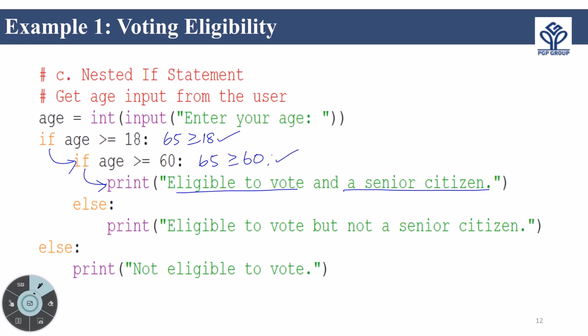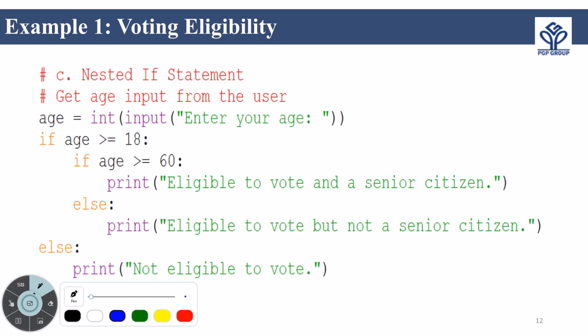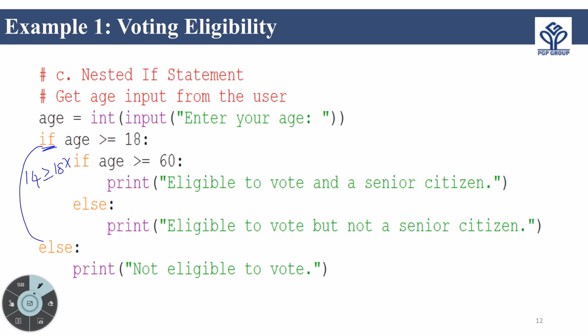Okay, so next one, we give the age 14 greater than or equal to 18. This condition is false, so it goes directly to the else part. It does not enter the inner part. Clear? So in the else part, print not eligible to vote. Clear?